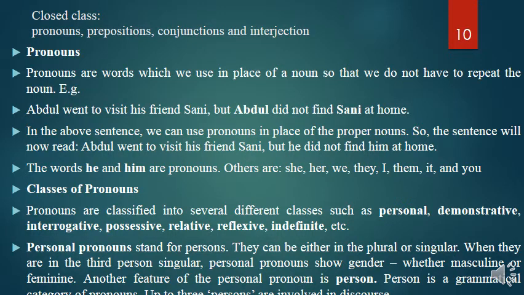Pronouns are part of the items in the closed class. As I explained in the previous slide, pronouns, prepositions, conjunctions, interjections, and articles do not invite new words. They are closed. They don't give room for new words.